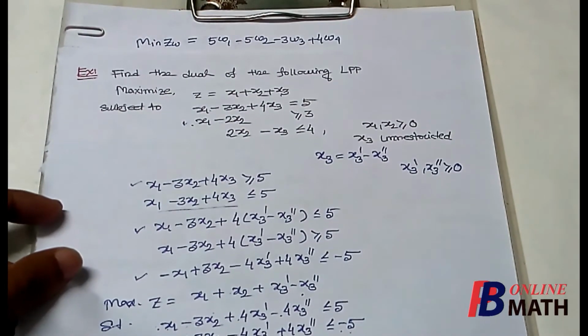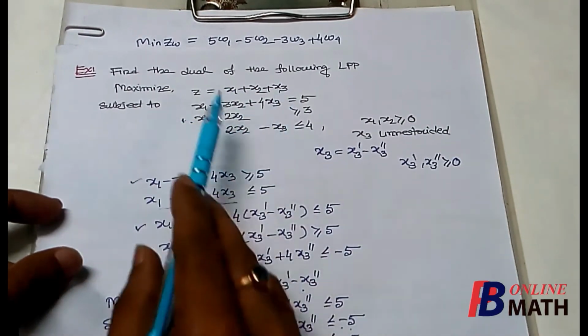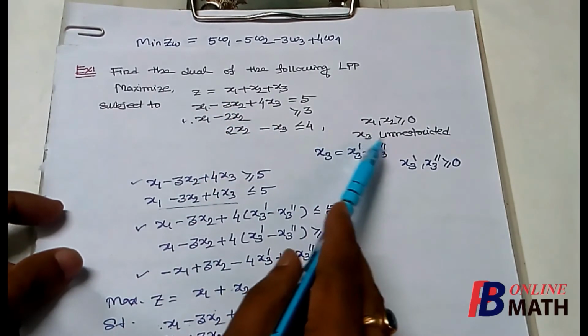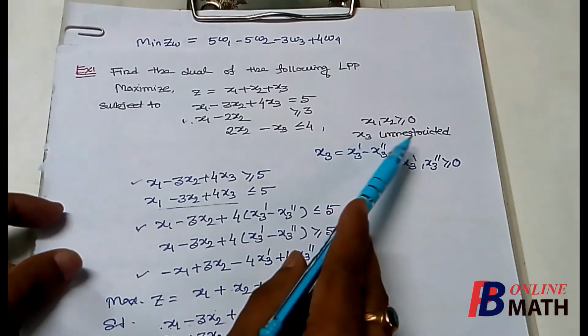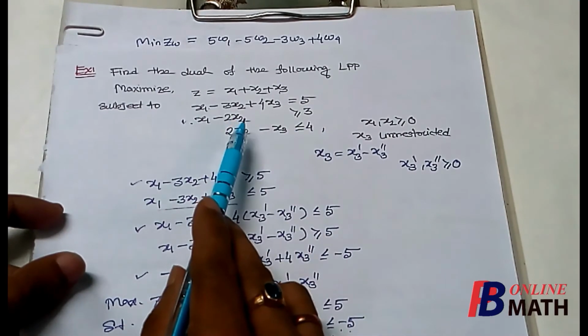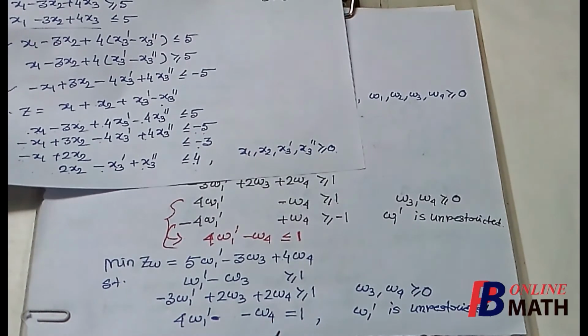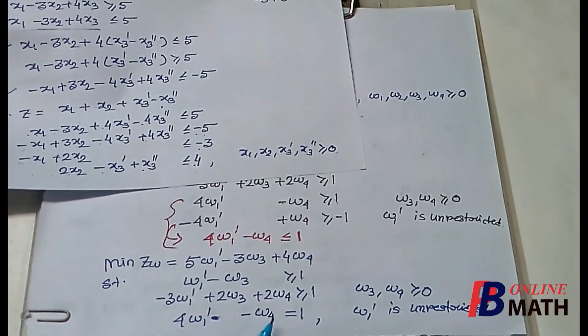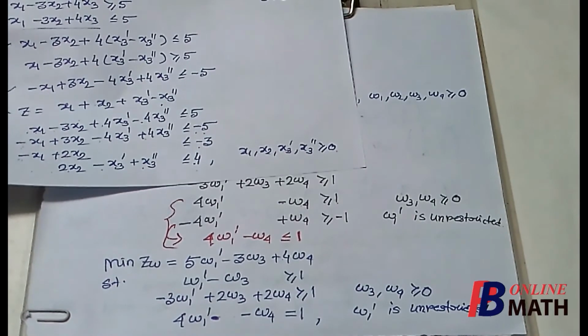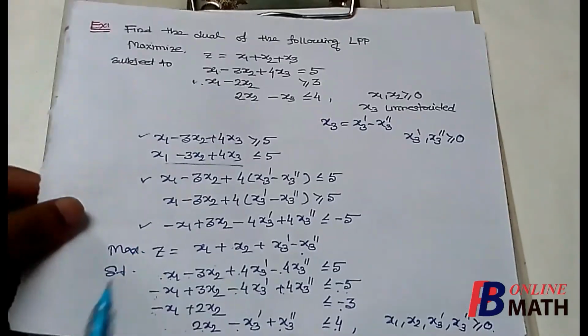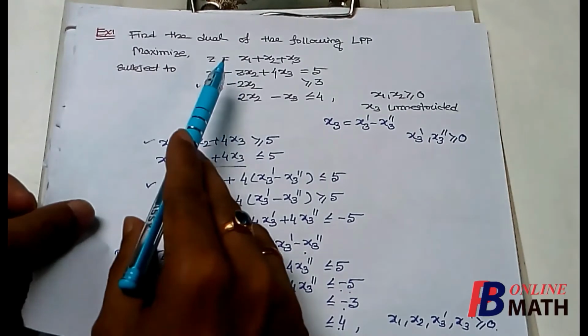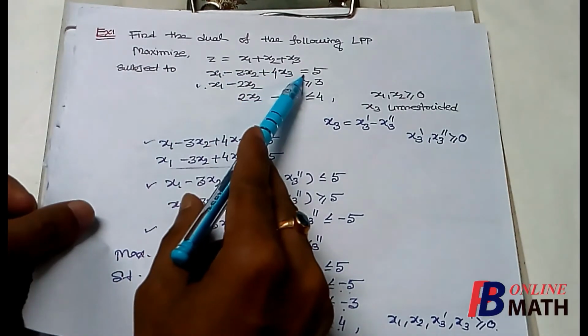Now one interesting thing is that in the primal problem, the third variable x3 is unrestricted in sign. Now if we compute the dual, here we have found that the third constraint is an equation. Conversely, in the primal problem, the first constraint is an equation.